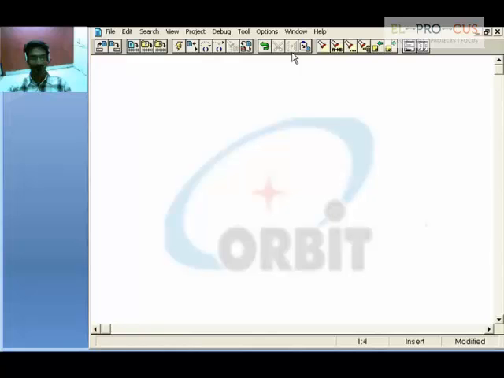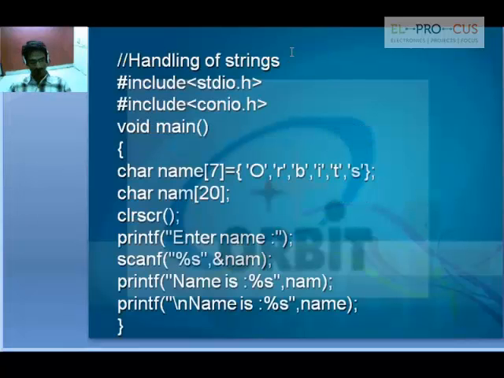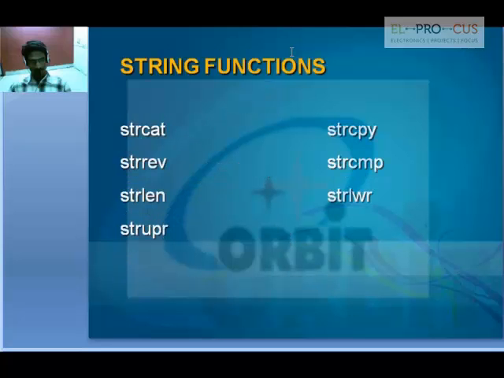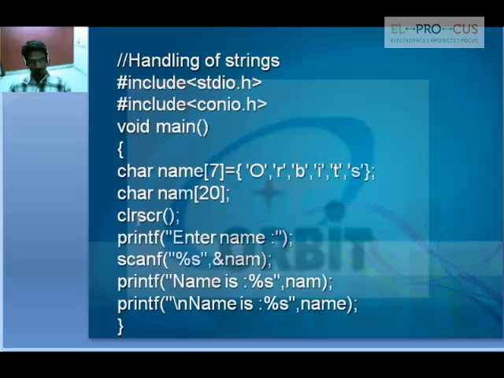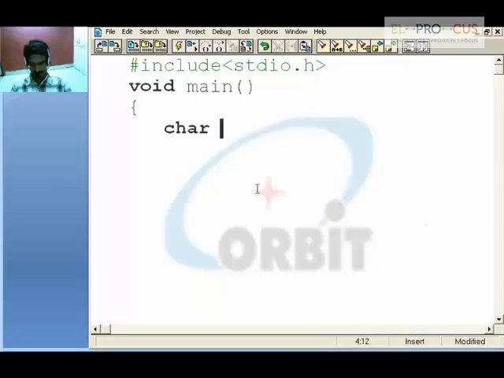We'll go for doing all these predefined functions one by one. The first thing is, we use #include <stdio.h>, void main, and a string str, and we'll try to find out its length. So its size is 10.